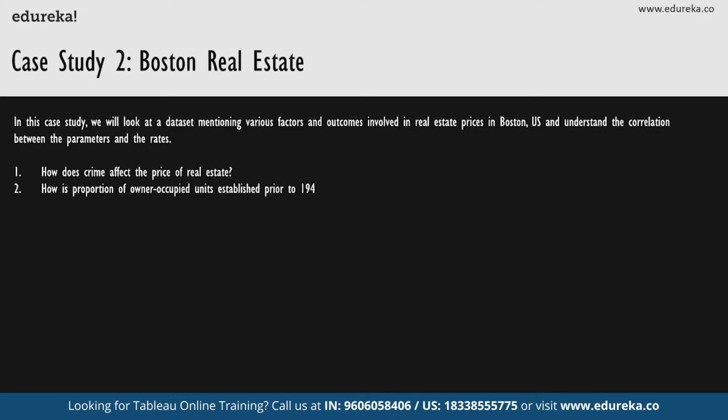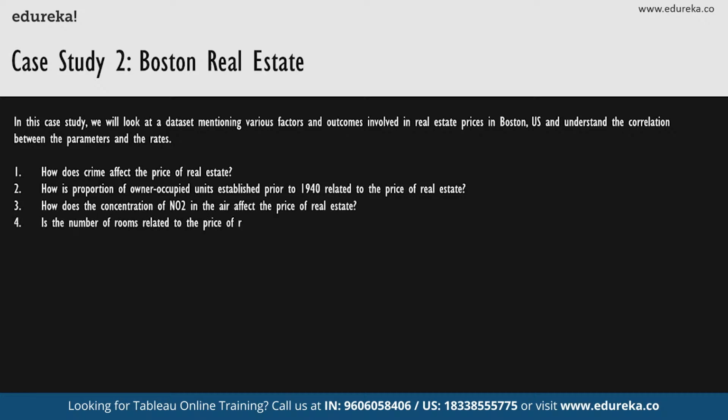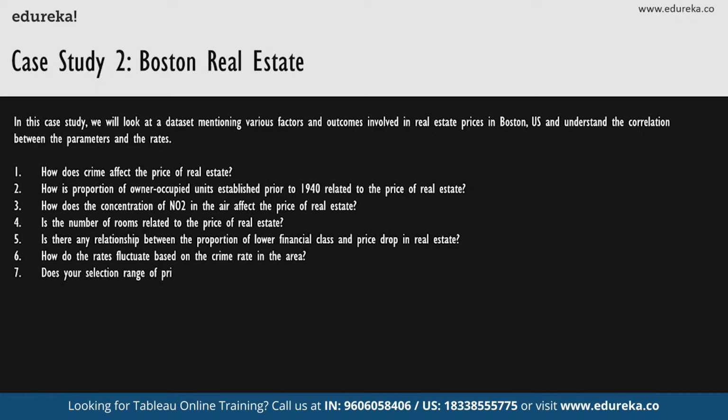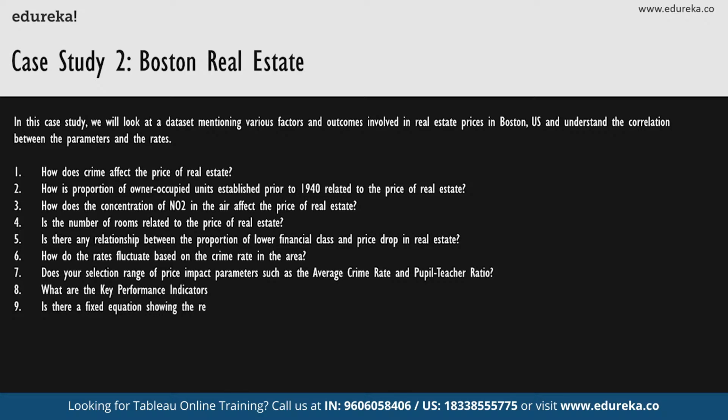Through this exercise, we will try to find out how crime affects the price of real estate, how the age of the building or the proportion of owner occupied buildings affects the price of the estate, how the number of rooms is related with the price of the flat, and how these rates vary in time.